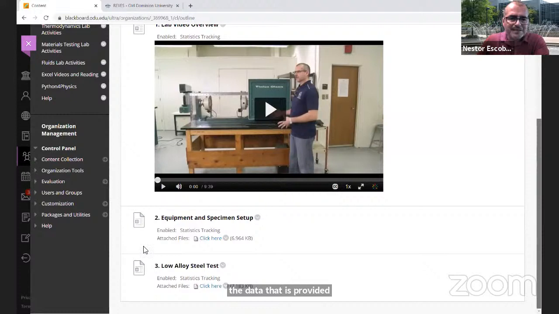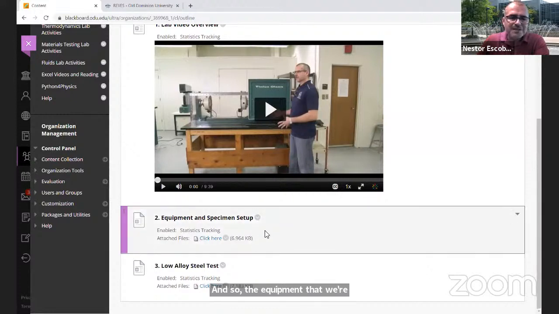And so the equipment that we're going to be using in there is a torsional machine. It's a 10,000 pound torque machine that essentially twists this bar, and we're going to collect the force that is being applied and the angle of twist.